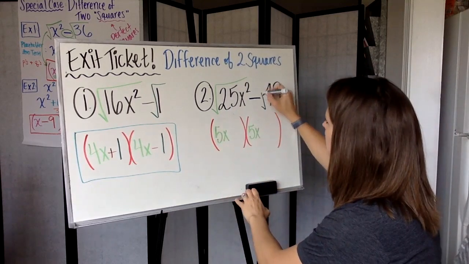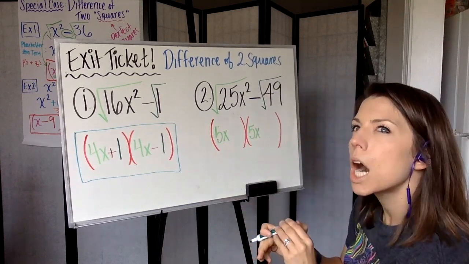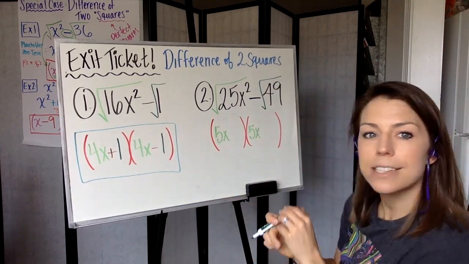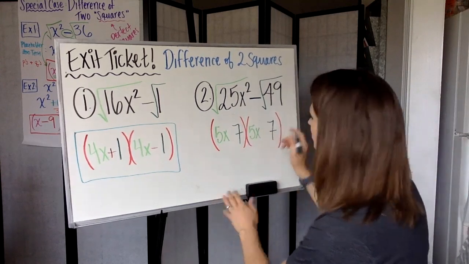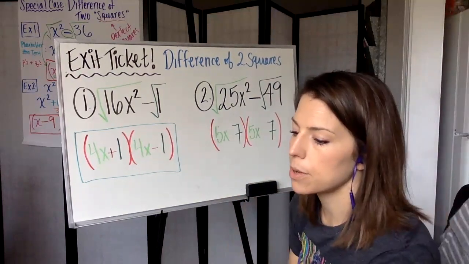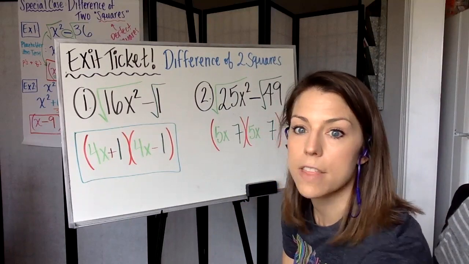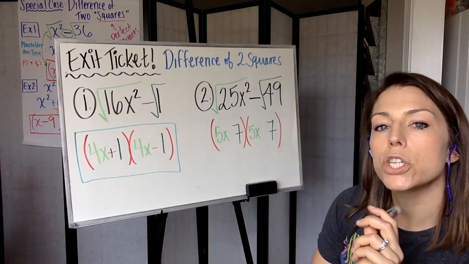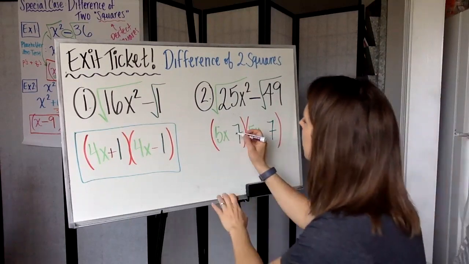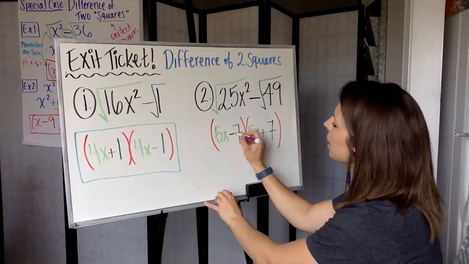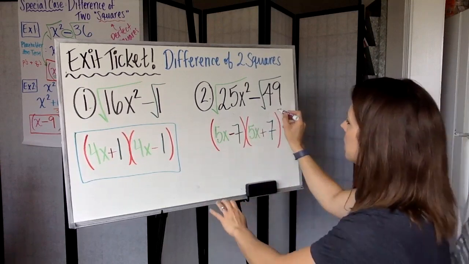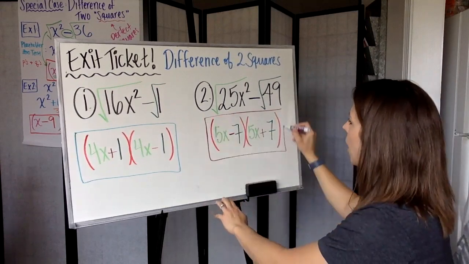What times what is 49? 7 and 7, yes. Now remember the most important part of all of this is how do you get that middle term to be 0? One of them is positive and one of them is negative. And you are done.